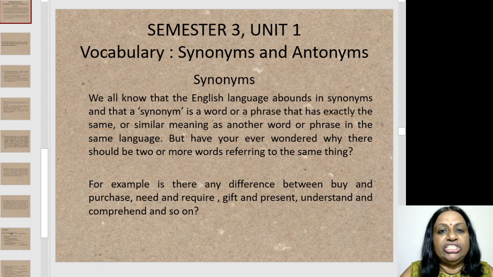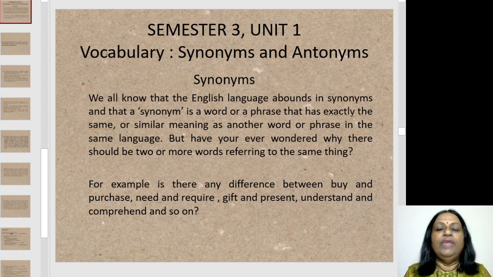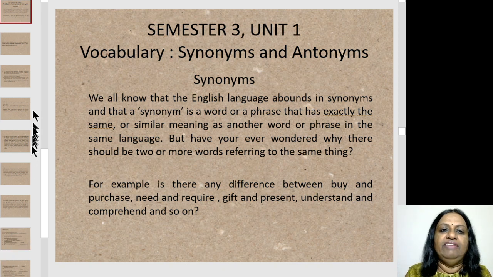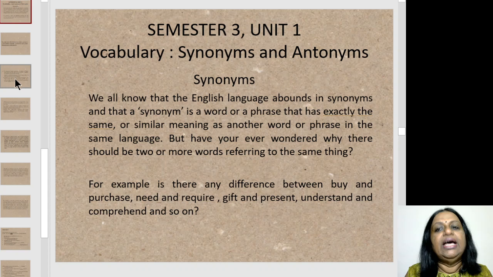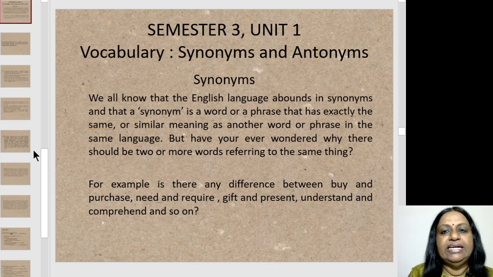Not only the English language, but any language that you want to learn. You will improve your speaking, listening, reading and writing skills, and you will also communicate very effectively in the language. So let's get started with our lesson for today, which is vocabulary, synonyms and antonyms.